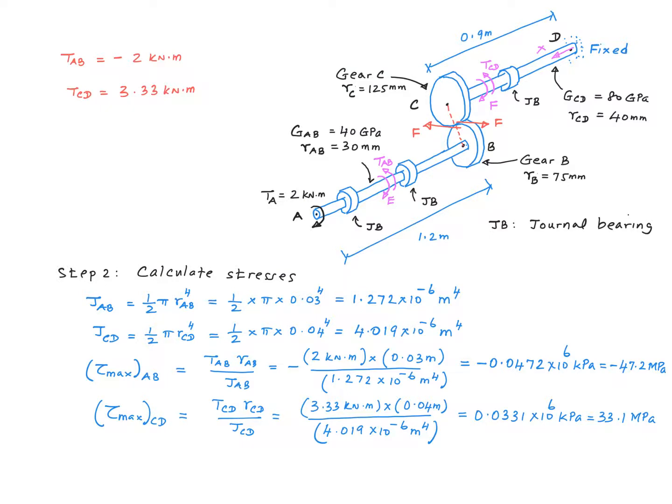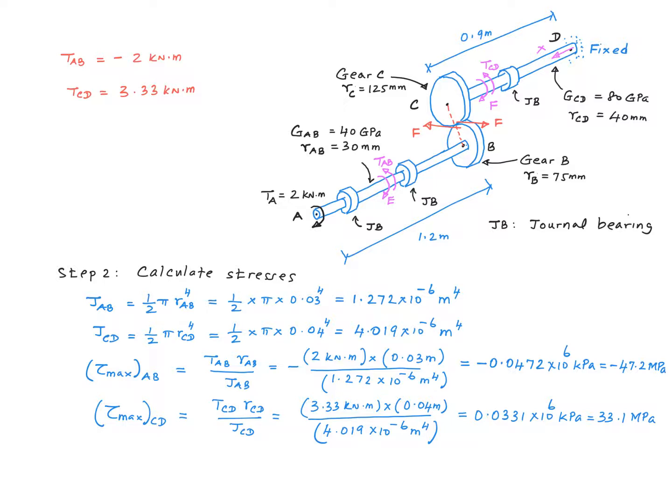Now that we have values for the torques, we can go ahead and calculate the maximum shear stresses within the shafts. Remember, within a cross section, the shear stress varies linearly starting from 0 at the center, with the maximum occurring at the outer fiber of the cross section, right? Alright, so here first I calculate the polar moment of inertia of shafts AB and CD, and then go ahead and use the torsion formula to calculate the maximum shear stress within AB and CD.